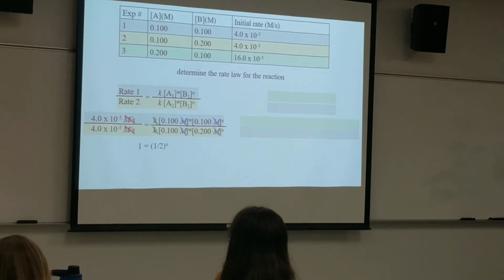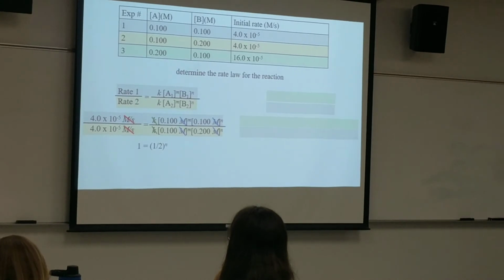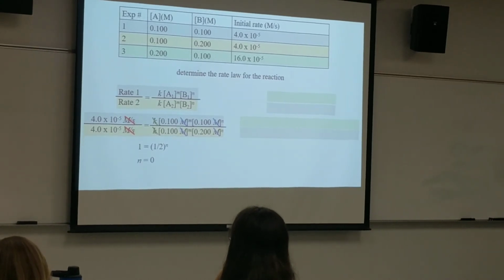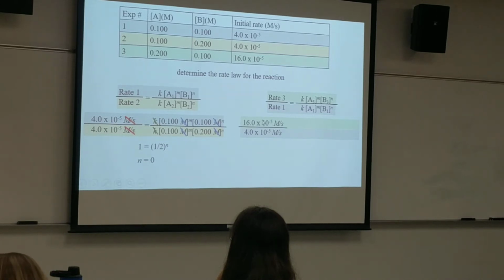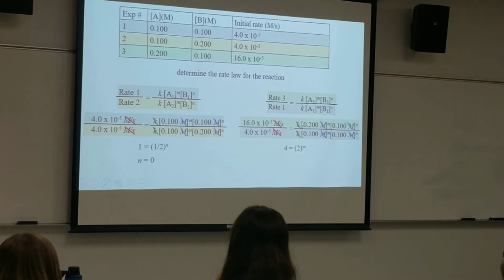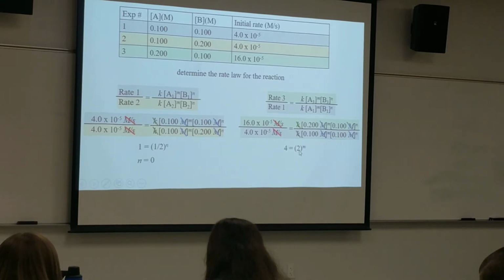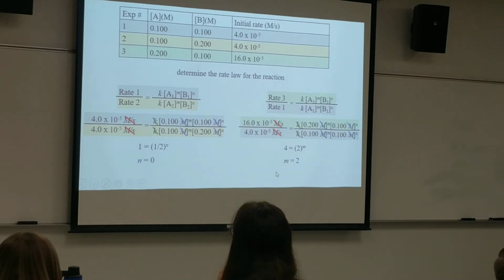This must be 0. Do the same thing here. This ends up being 4. This cancels out. This ends up being 1/2 raised to the M power. 2 raised to 2 over 1 raised to the power, you get m and n. That's your first n and m. That's your first step.